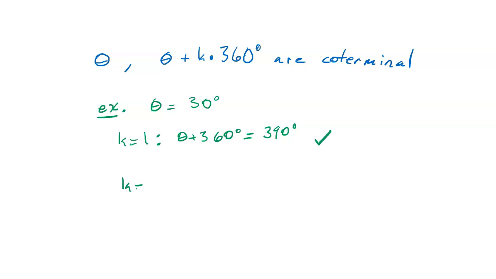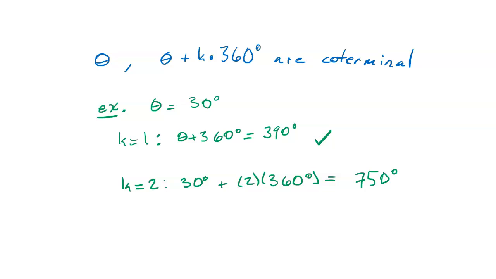We can similarly have k equal to 2. Now we have, let's write it out this time, 30 degrees plus 2 times 360 degrees. And this is going to equal 750.